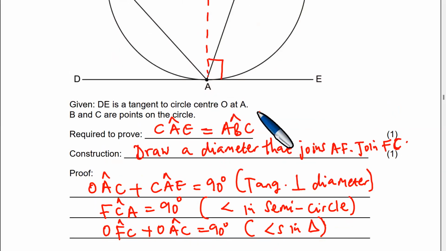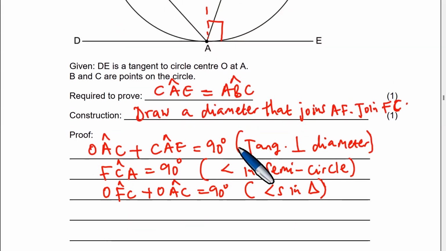Now we make the comparison. What conclusion do we draw out of these? We can see that this, that, and that are all 90 degrees. We have three 90s here in a sequence. If we look very carefully, the first two equations both have OAC.